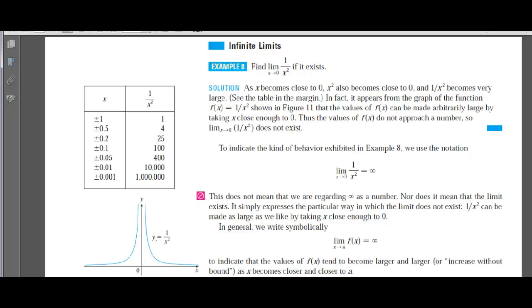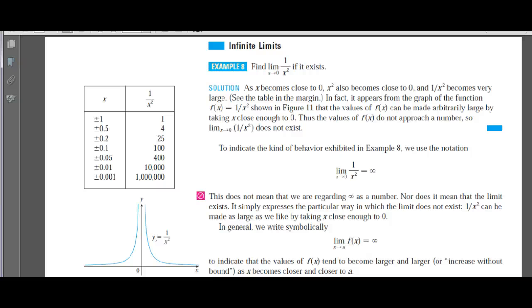However, to indicate the kind of behavior, we use this notation. The limit as x approaches 0 of 1 over x squared is equal to infinity. This does not mean that we are regarding infinity as a number, nor does it mean that the limit exists. It simply expresses the particular way in which this limit does not exist: 1 over x squared can be made as large as we like by taking x close enough to 0.